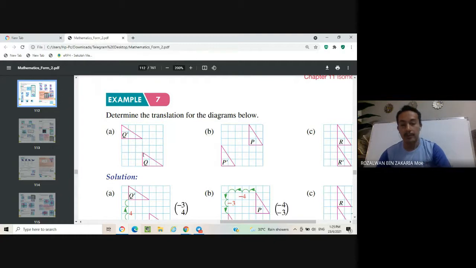So how is the movement from this point to this point? We need to know the movement because we want to find out the translation for this diagram.